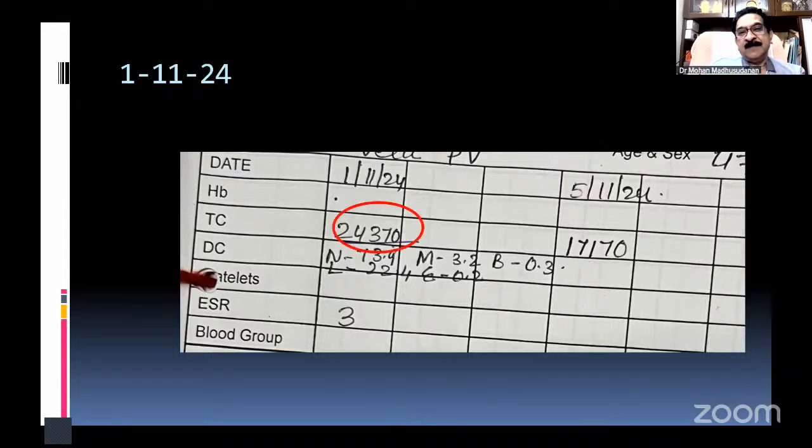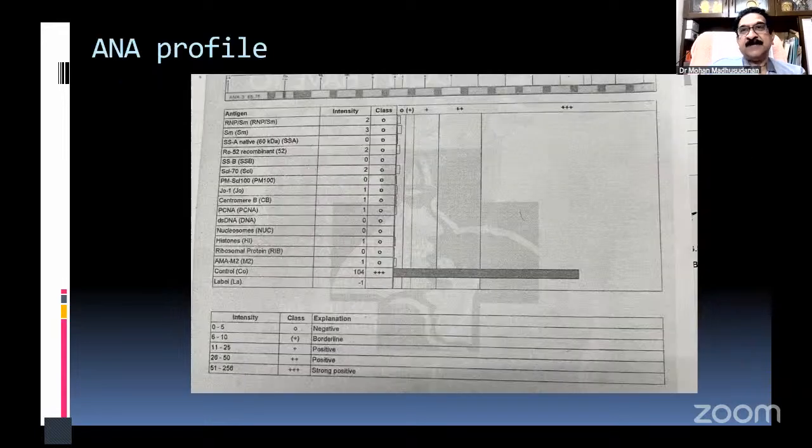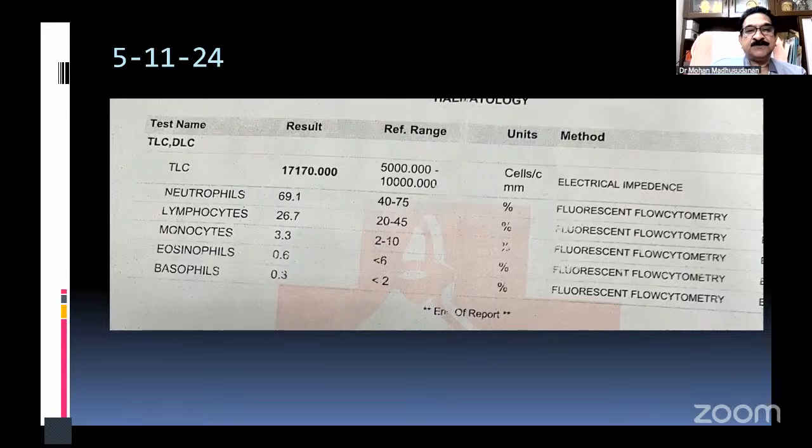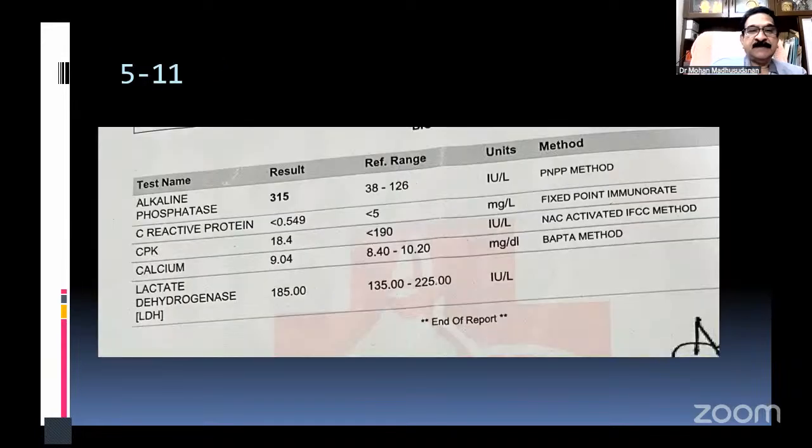24,370. Then 4 days later, 17,170. So I did the following tests. ANA profile was done, that is negative. Alkaline phosphatase is mildly elevated, 315, and the normal range was 38 to 126. CRP was less than 5.